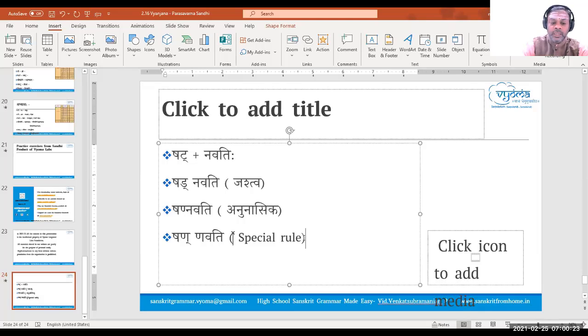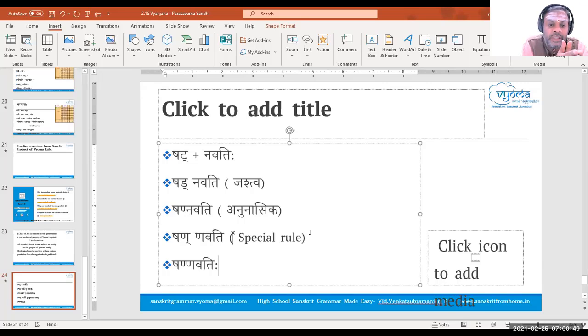So therefore, the Sandhi becomes Shannavati. So it involves Jastva, Anunasika and the Shtutva special rule. It becomes Shannavati. I hope it is clear.